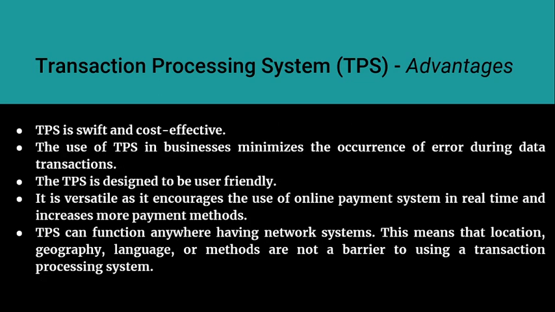Now this transaction processing is swift, meaning it's speedy, and of course it is cost effective as it reduces human intervention. Right? Next, the use of a transaction processing system in businesses minimizes the occurrence of error during data transaction. Now this will depend upon the input provided.